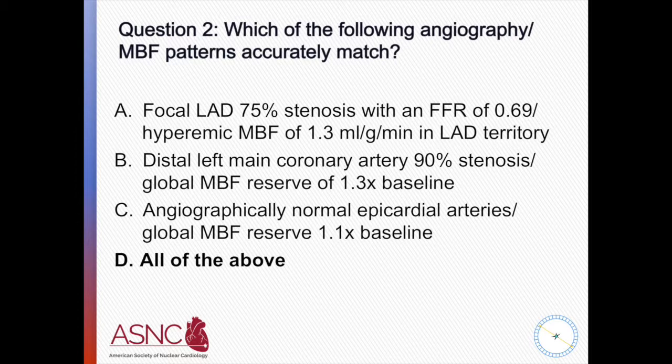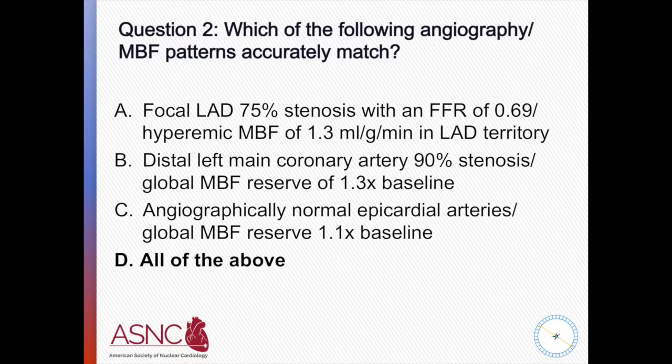In scenario B, the fact that there is a significant left main disease can be seen in association with markedly reduced global myocardial blood flow reserve, and 1.3 is considered abnormal.